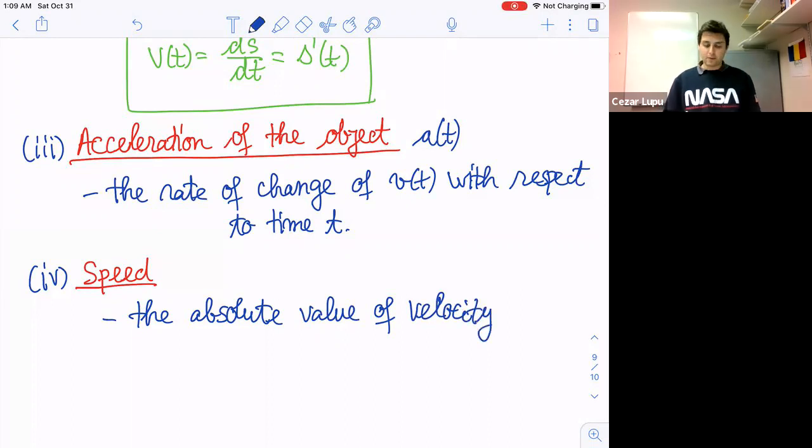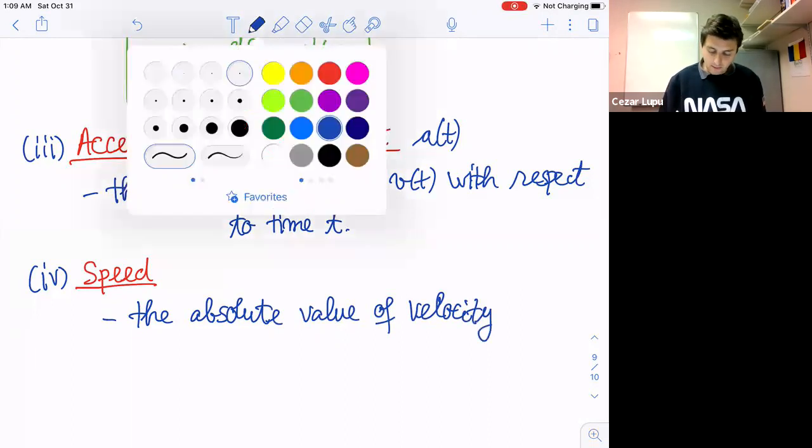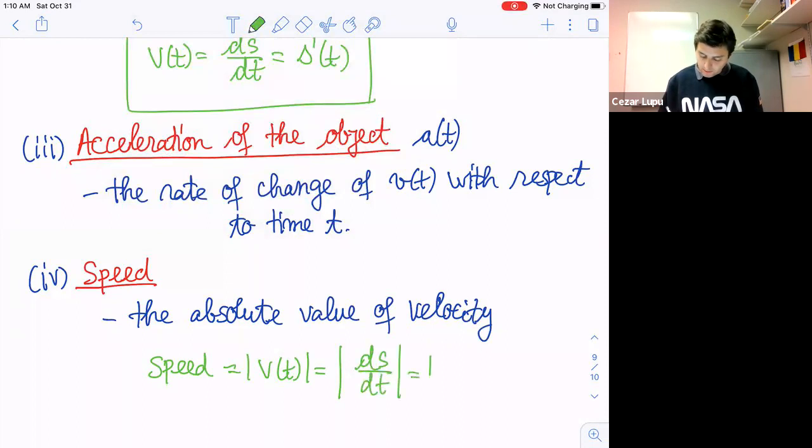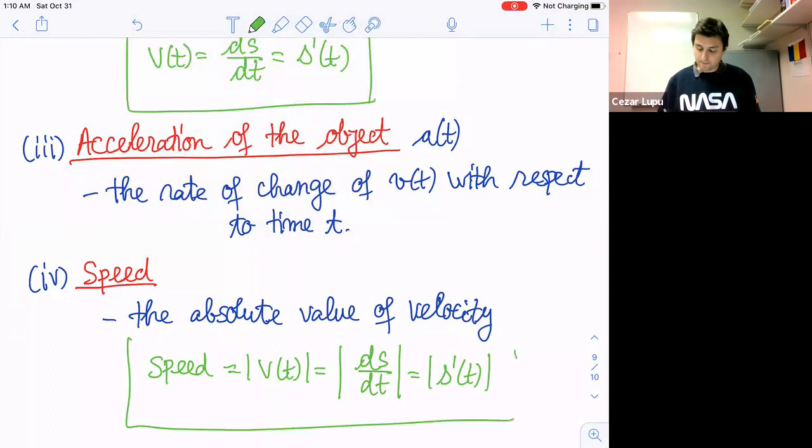All right, so this will have the following formula. So the speed is nothing else than just the absolute value of v of t. And again, this will be the absolute value of ds over dt, or if you want, the absolute value of s prime of t. Right, so that's the formula.